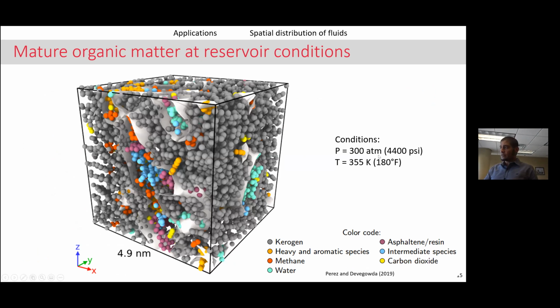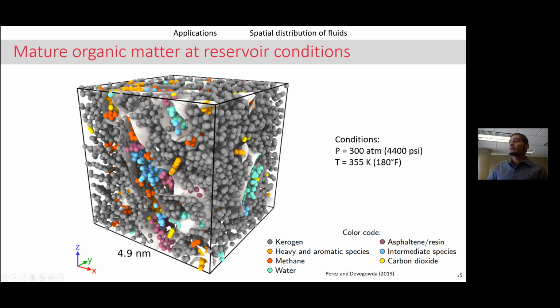And what you're looking at over here are the final pressure and temperature conditions of about 4,400 PSI and 180 degrees Fahrenheit. You're again looking at the balls in gray, which are the kerogen atoms, carbon atoms. Then you're looking at some of the blue ones out over here. These are the intermediate species, being things like hexane and octane and butane and things like that.